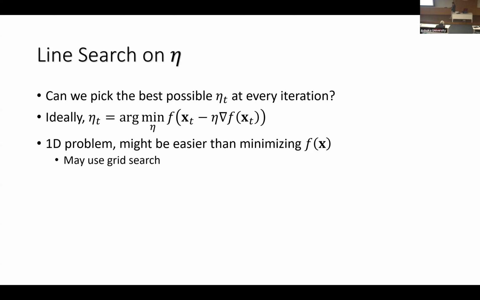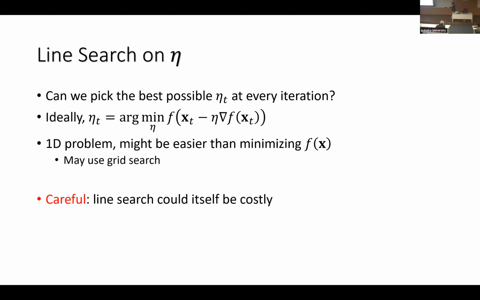I can consider this as a 1D search and do a grid search on eta. I could say, okay, let me search 0.01, 0.1, 0.2, 0.15, some 10 values, and take the one that is minimum. There are also slightly more complicated schemes called line search schemes, about 4 or 5 of them.